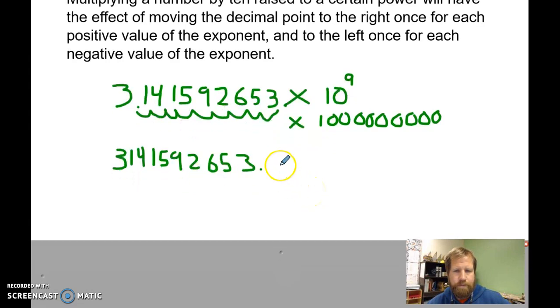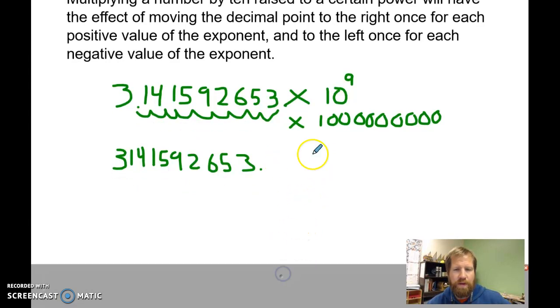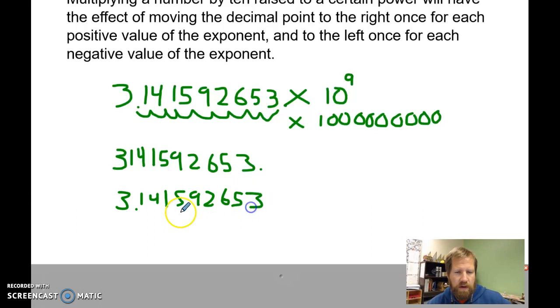Okay. You can do the same thing with a negative exponent. So if I go back to my 3.1, 4, 1, 5, 9, 2, 6, with my decimal place over there, and I multiply it by 10 to the negative fifth, okay, that's going to have the opposite effect.